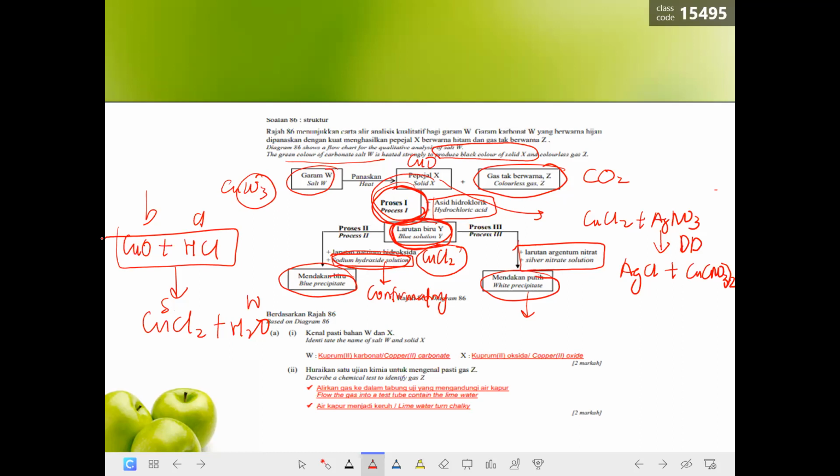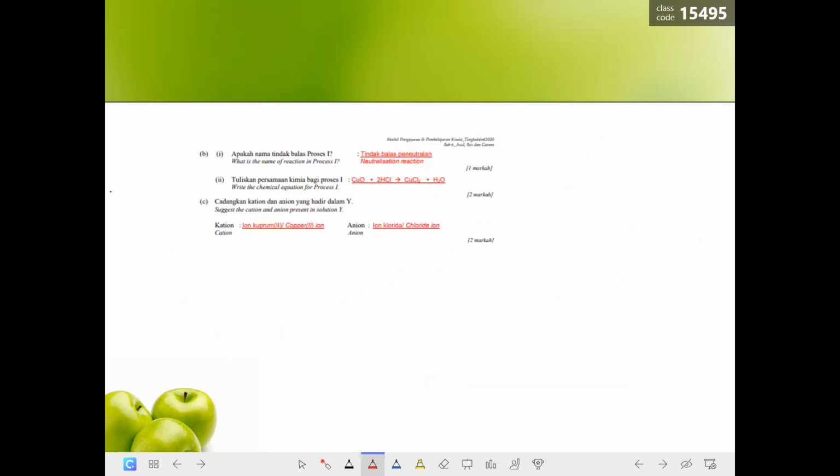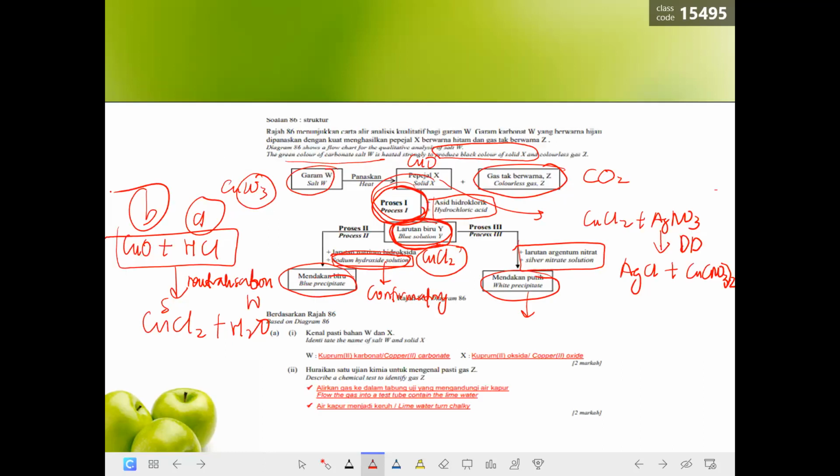Neutralization. Very good. Okay, we actually did it in class last Friday, but yes, it is neutralization. I got acid, I got base. Okay, you see how one short question can go back to chapter 7, your acid and base.